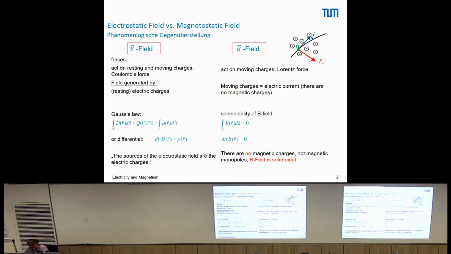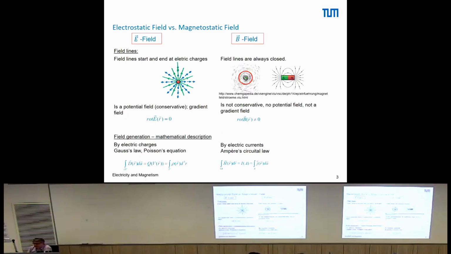And that means if you are doing the equivalent of Gauss's law, if you're taking the closed surface integration over the magnetic induction, it will always be zero. So the sources of the electrostatic field are the charges, and there are, however, no magnetic charges and no magnetic monopoles. The B field is solenoidal.